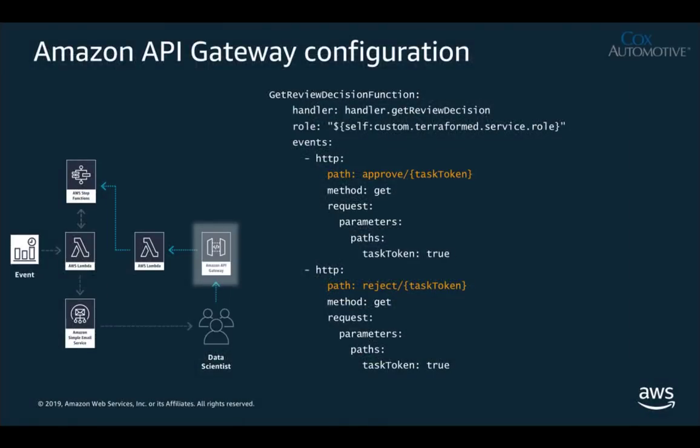So in the API gateway, we see those two possible options. There are plenty of ways to configure the API gateway. You can do this in the console, you can do this with CloudFormation, etc. It looks like they use Terraform here, and obviously you pass the task token to that API. And that's about it. So setting up APIs with the API gateway is pretty simple.